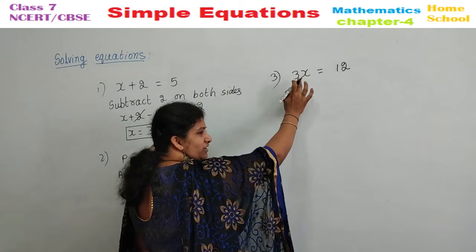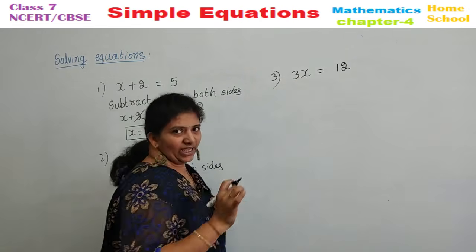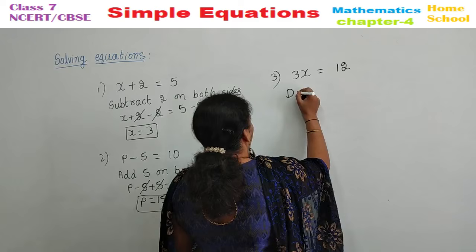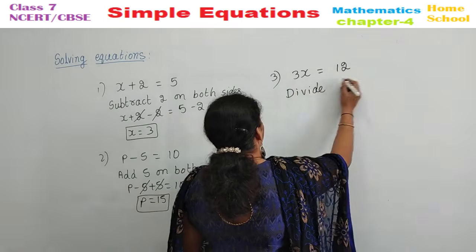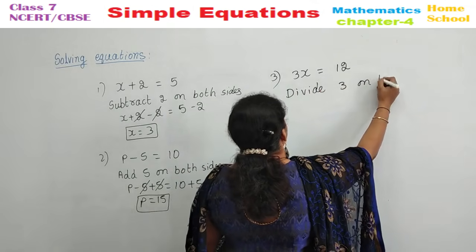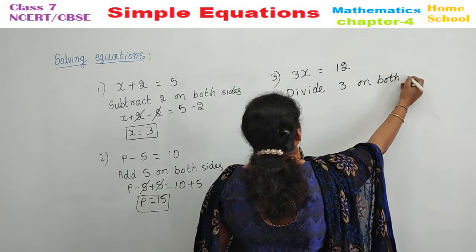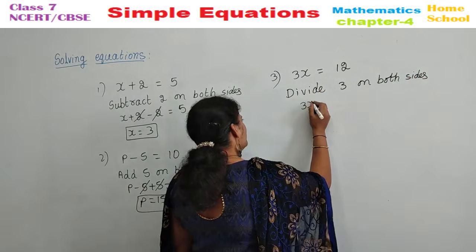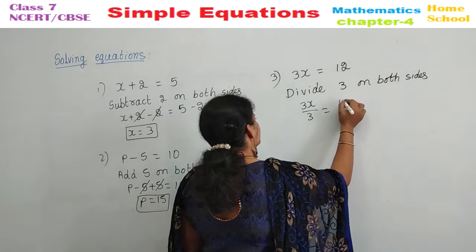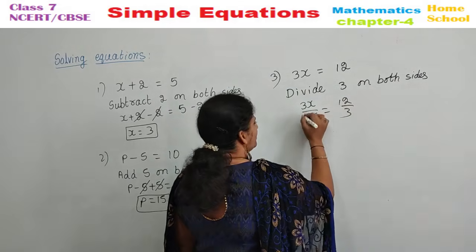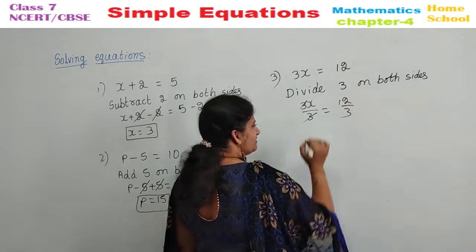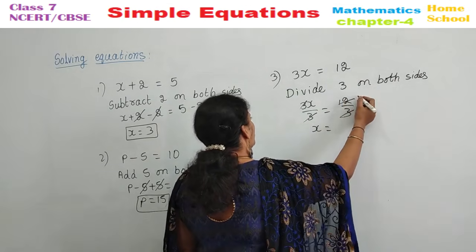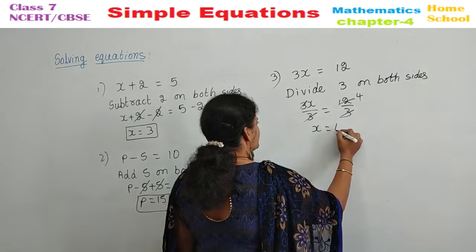Other than the variable, what you have is 3, multiplied. So let us divide 3 on both sides. 3x by 3 is equal to 12 by 3. 3 cancel. 3 ones are 3, right? x is equal to 3 table. Do you get 12? Yes, 3 fours are 12.